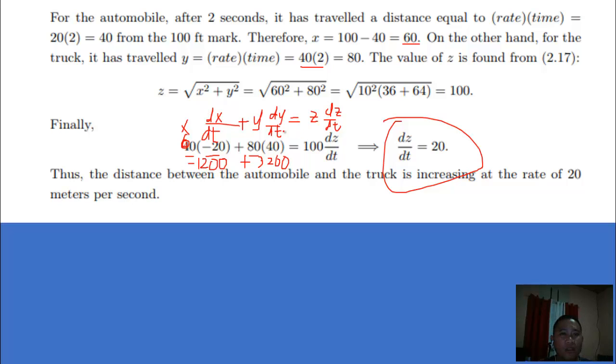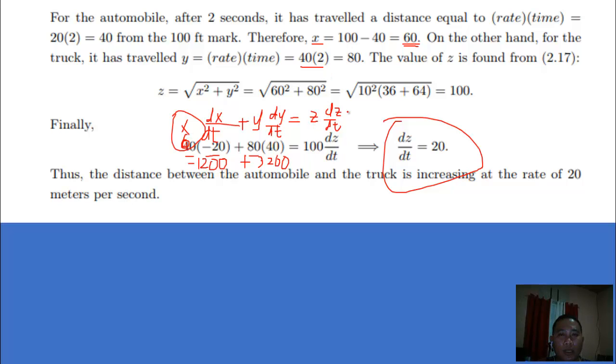We know that the implicit differentiation of x squared plus y squared equals z squared is x dx/dt plus y dy/dt equals z dz/dt. And we know that x there is the distance after 2 seconds, which is, since nakuha ng 40, that becomes 60. Dx over dt is negative 20. And y is 40 man siya times 2, that is 80.